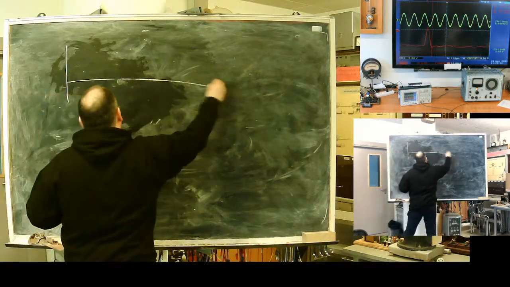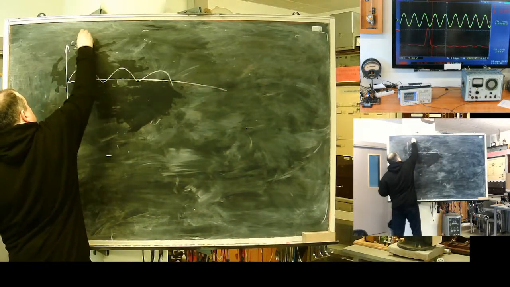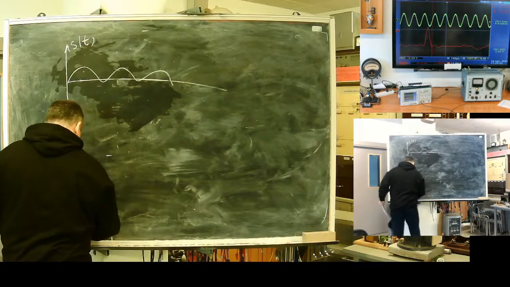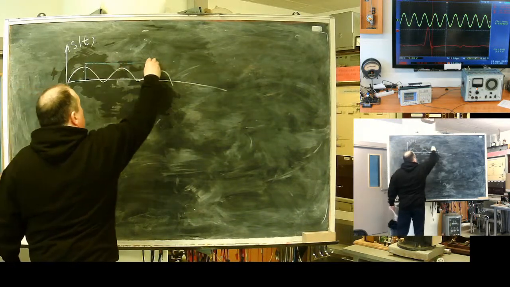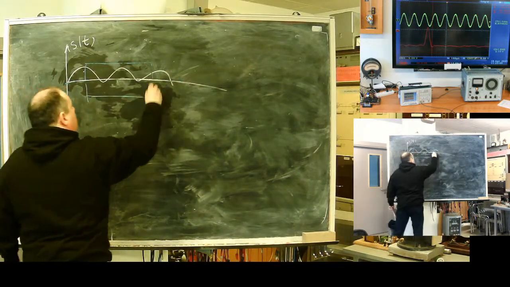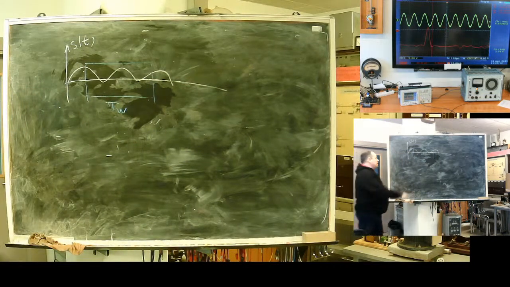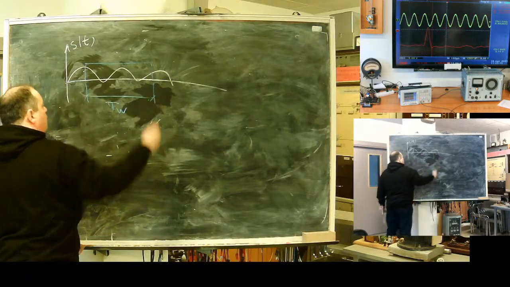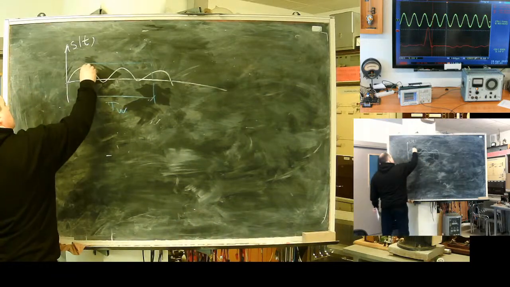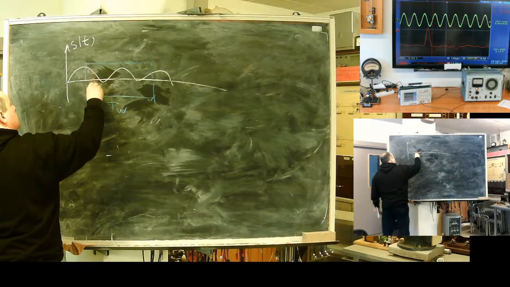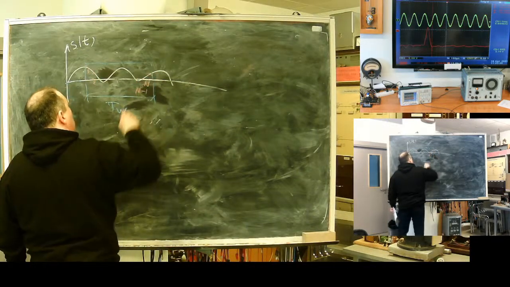So, let's see. I have a signal as a function of time. I'm performing a Fourier transform inside an observation window with the time span of T. I have points 1, 2, this one, the last one, and so on.